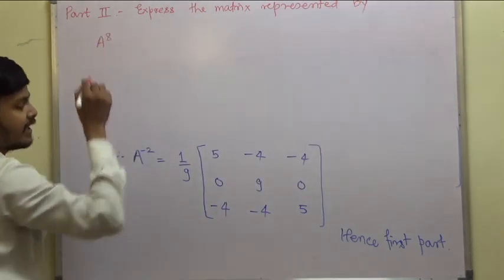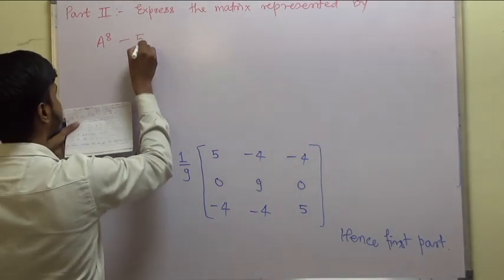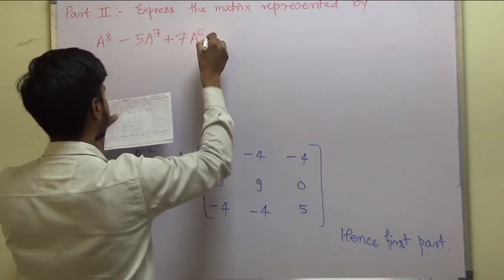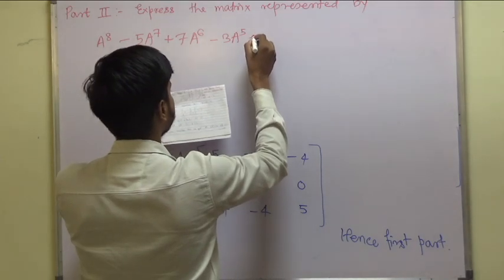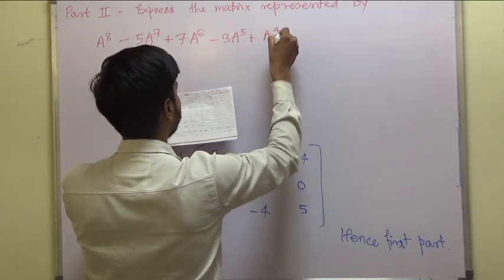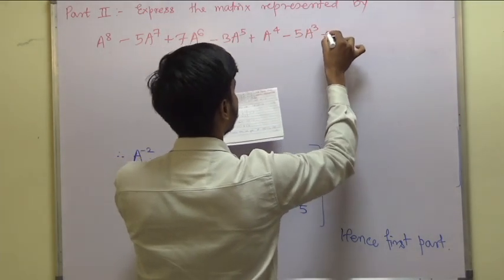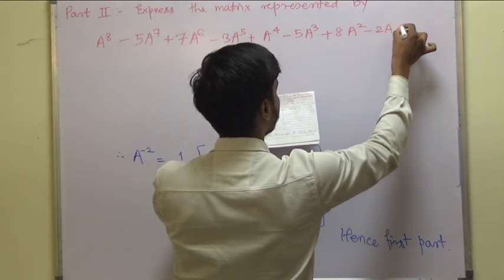A to the power 8. Let me write down the question. A to the power 8 minus 5A to the power 7 plus 7A to the power 6 minus 3A to the power 5 plus A to the power 4 minus 5A cubed plus 8A squared minus 2A plus I.